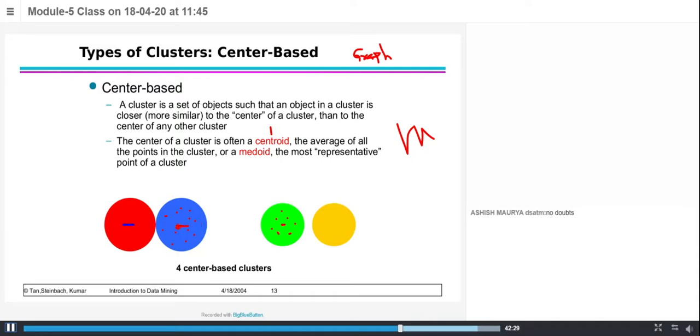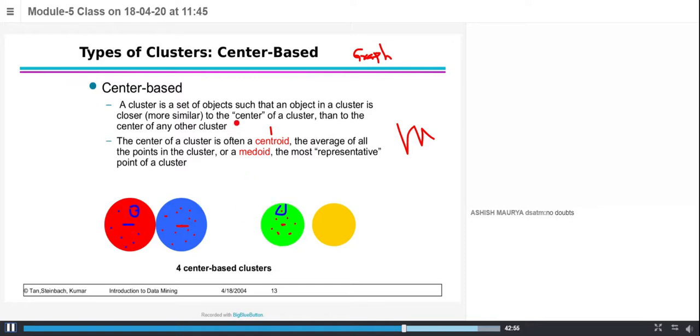We have 3 centroids here, and a lot of objects present. First we will see this object, whether it is near to this center or this center. If it is near to this center, it belongs to this group. If it is near to that center, it belongs to that group. Objects near to this center are presented in this cluster.